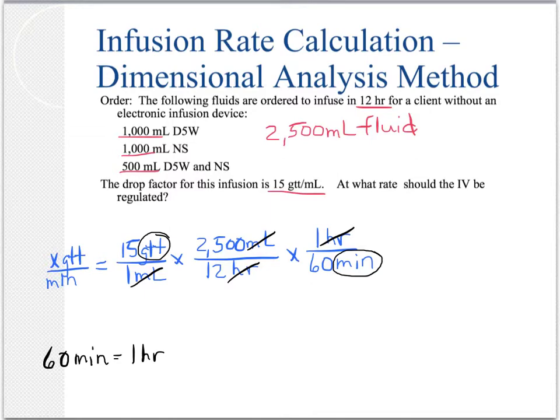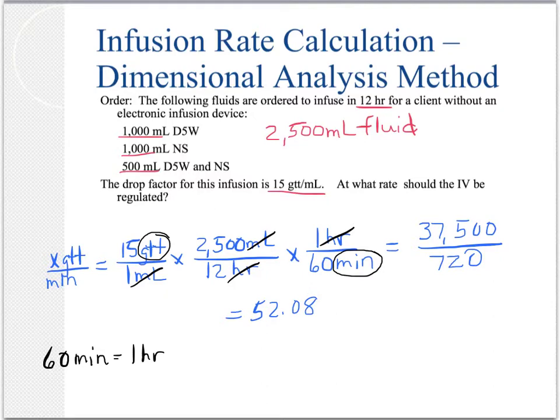Performing the calculations, we have 15 times 2,500, which is equal to 37,500, divided by the product of 12 times 60, which is equal to 720. Doing the division then, we are left with 52.08.